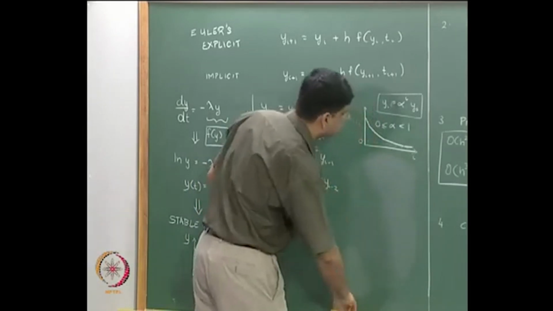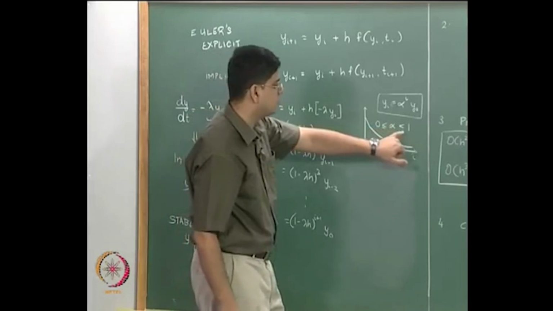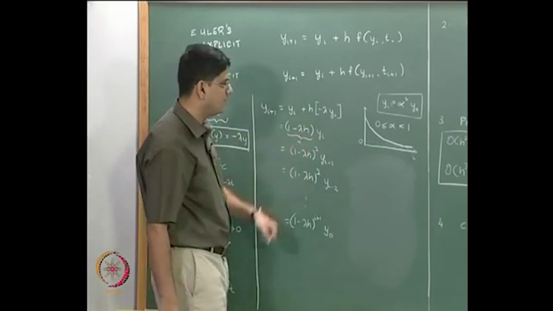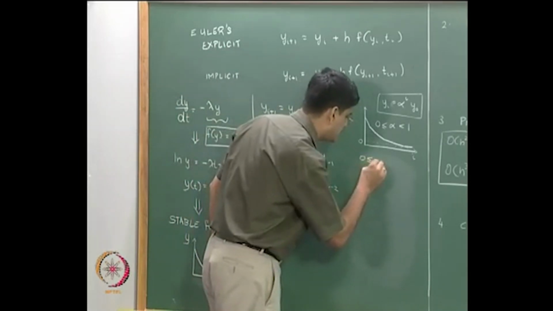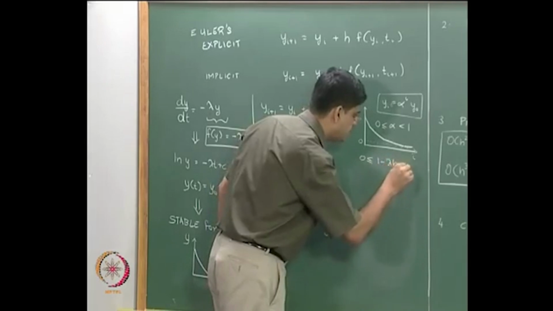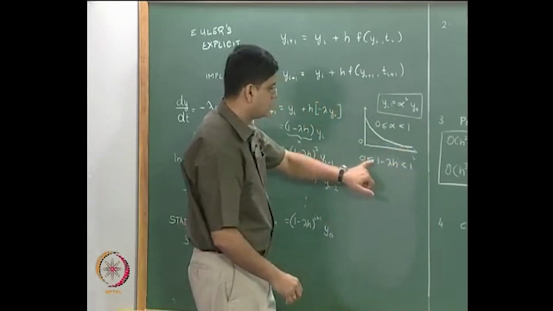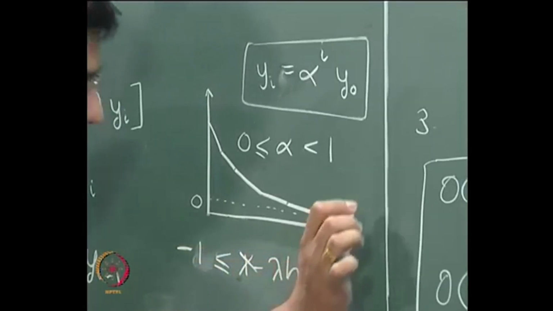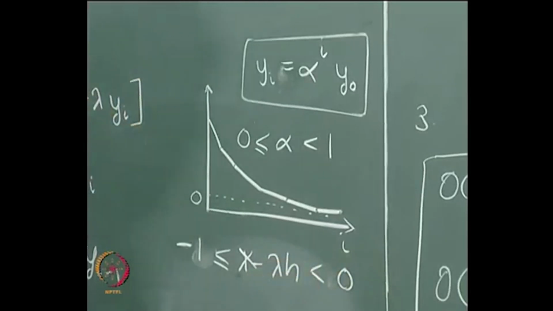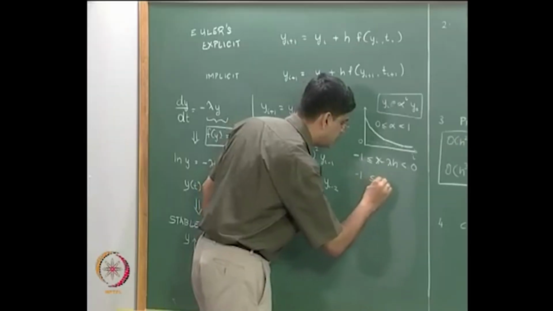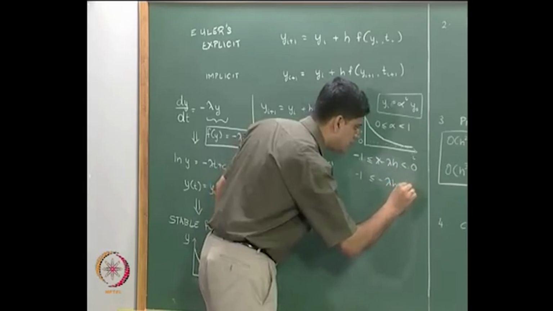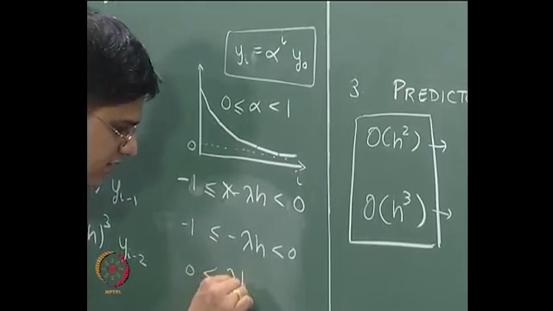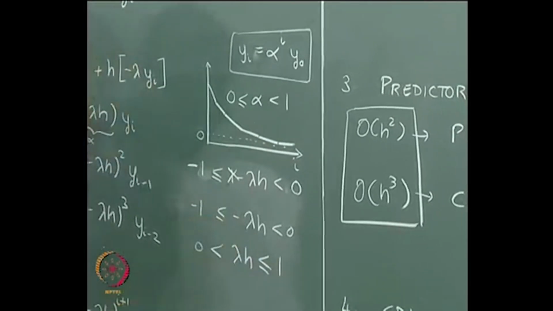Let's evaluate the first condition, where 0 should be less than or equal to alpha, which should be less than 1, and we will substitute alpha equal to 1 minus lambda h. So we will have 0 less than or equal to 1 minus lambda h less than 1. Taking 1 to this side, we get -1 less than or equal to minus lambda h less than 0, or 0 less than lambda h less than or equal to 1.